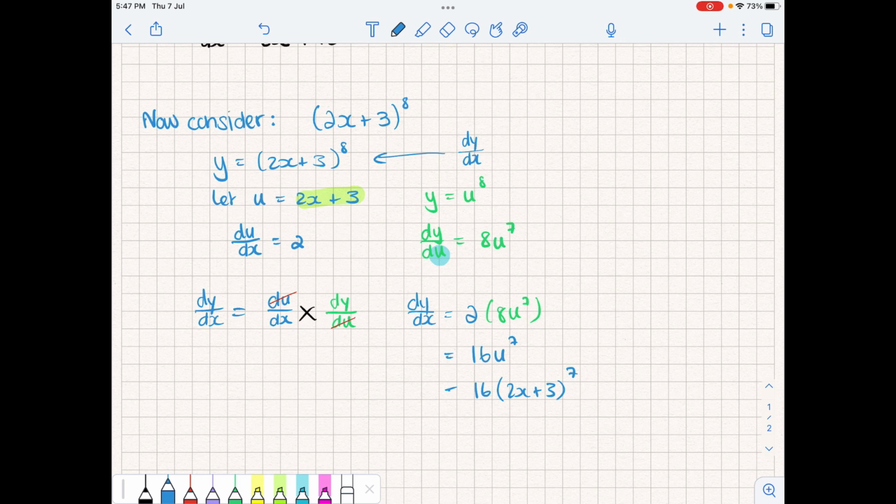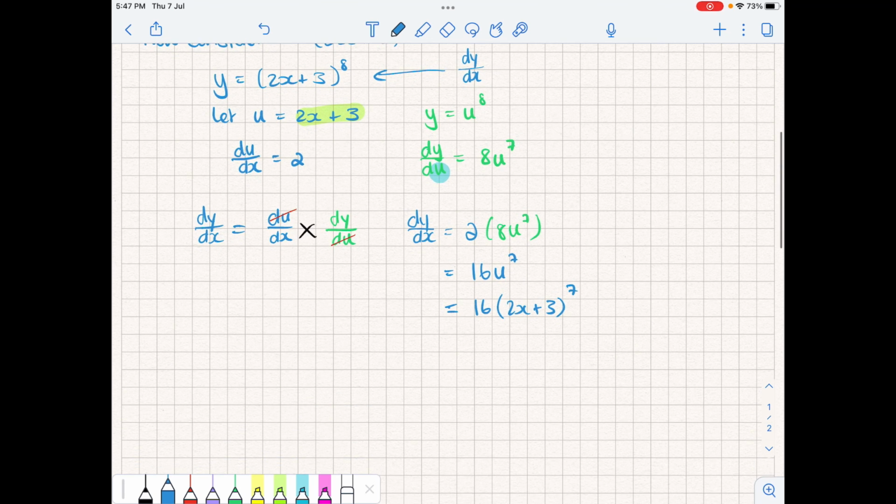Now, once we do the chain rule over and over again, we're going to start noticing a pattern. There's an alternative way that we can use the chain rule once we've done it a few times. The encouragement is to do a few where we do substitution, and once we've done the substitution a few times, we start noticing this pattern. So let's take our function y equal to (2x plus 3) to the power of 8, and we can actually do the substitution in our head.